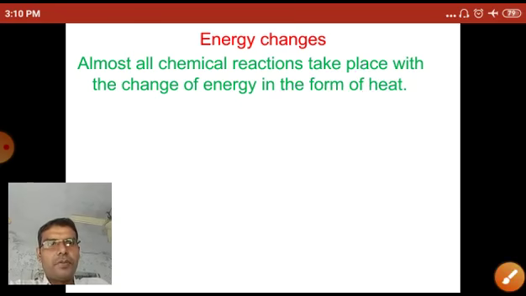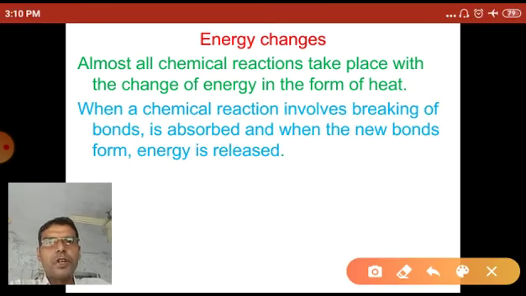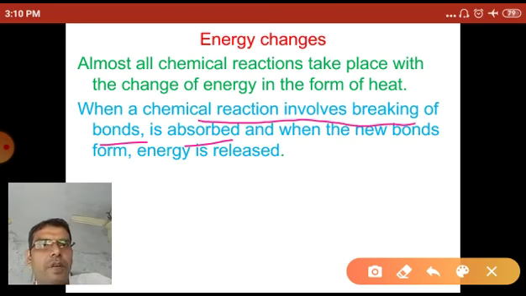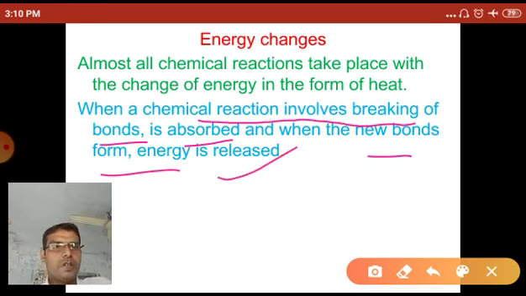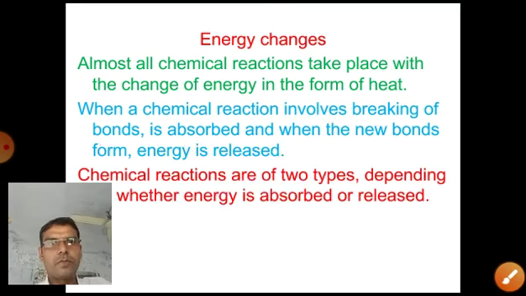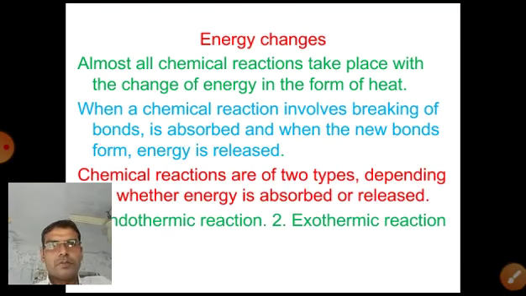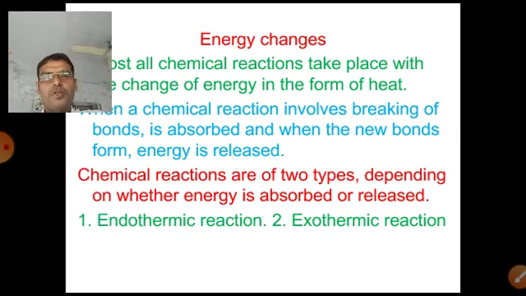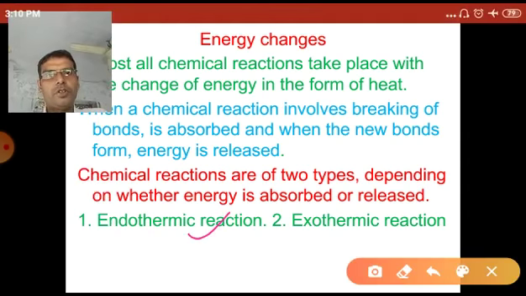Now let's see, when a chemical reaction involves breaking a bond, then it absorbs heat, and when a new bond is formed, then it releases energy or heat. So on the basis of the absorption or release of heat, chemical reactions can be classified into two types: endothermic reactions and exothermic reactions.